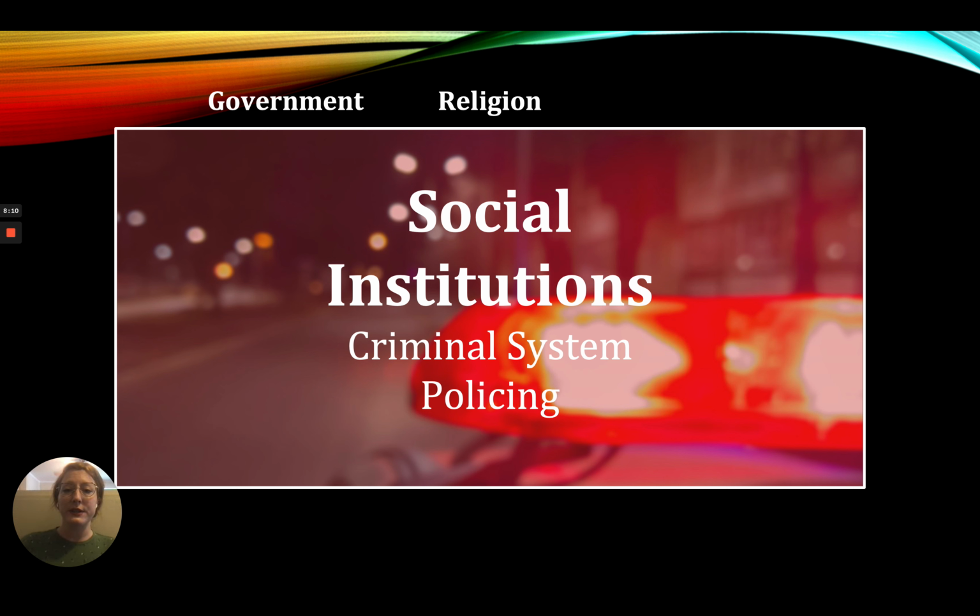Religion's another social institution, and a lot of our policies in place, especially in the United States, are based off of religiosity and our ideas of morality and what's right and what's wrong, right?